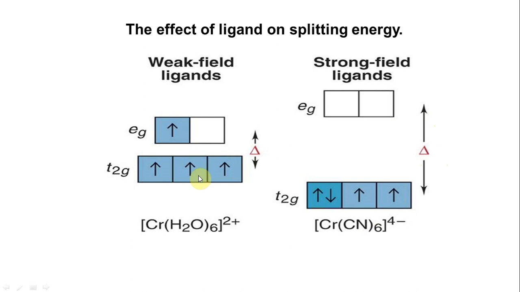Now look at this one. This is small. This is extremely small. Now what all can you get from here? This is going to be a high spin complex, this is going to be a low spin complex. I can calculate the magnetic moment just like I showed you in d block elements. Mu equals square root of n(n+2).